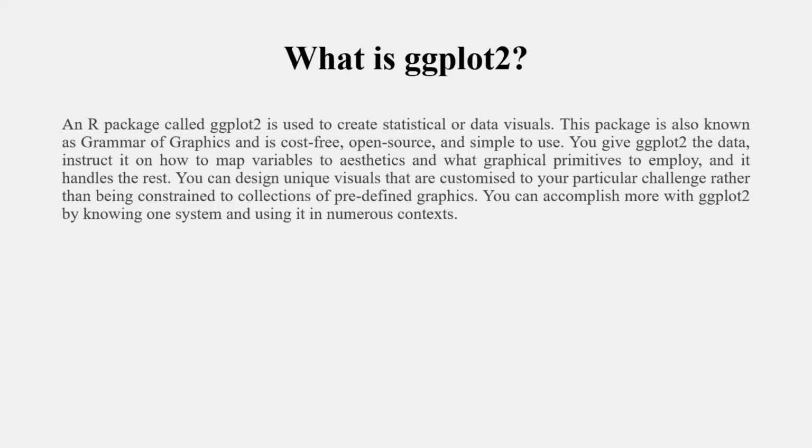You give ggplot2 the data, instruct it on how to map variables to aesthetics and what graphical primitives to employ, and it handles the rest. You can design unique visuals that are customized to your particular challenge rather than being constrained to a collection of predefined graphics. You can accomplish more with ggplot2 by knowing one system and using it in numerous contexts.